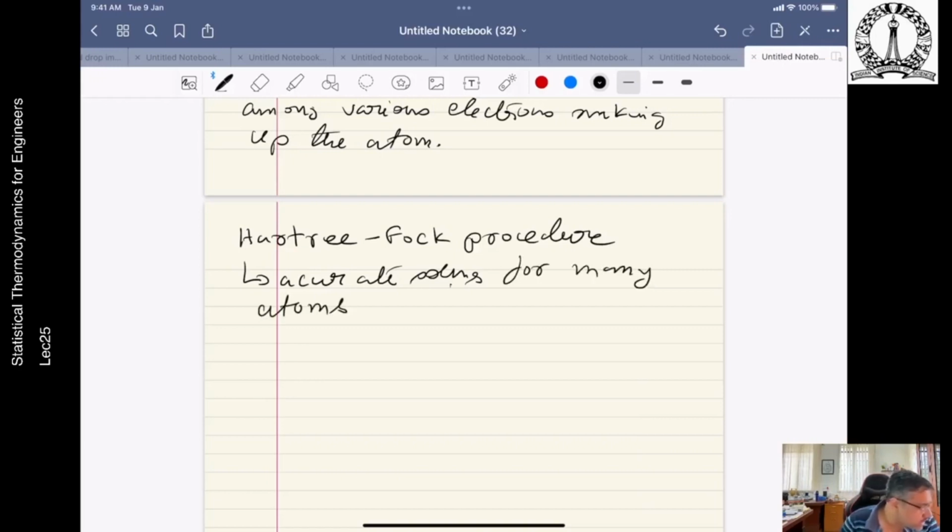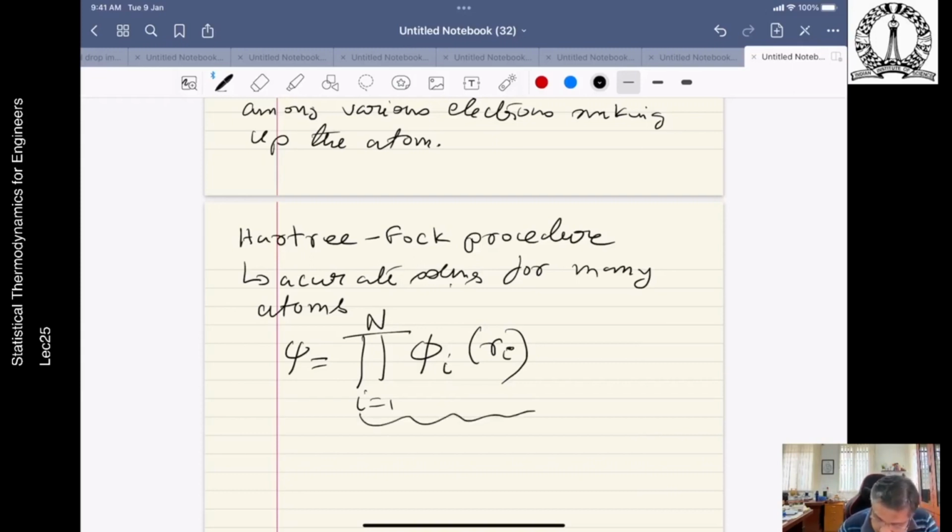It is usually done like this: the total wave function is a product over i equal to 1 to n of independent wave functions, represented by some phi of r i. So the overall wave function is a product of independent wave functions.